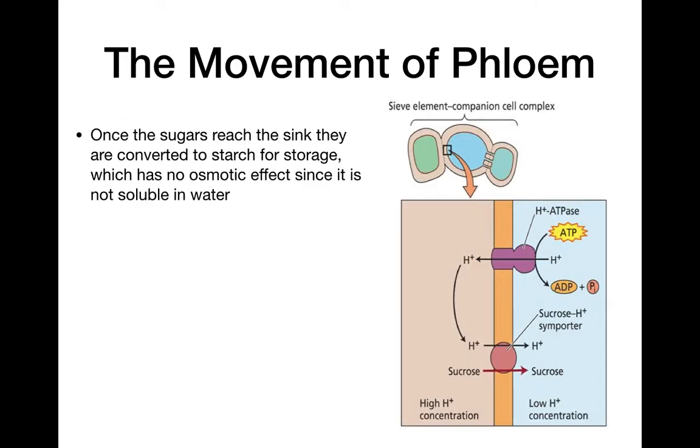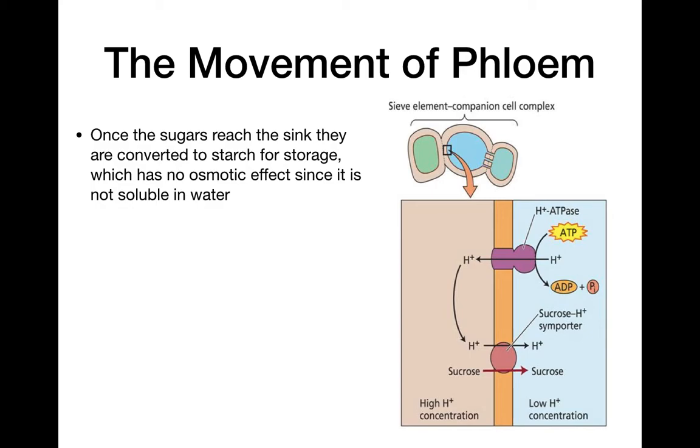When sugars eventually reach the sink, whether that is a root, a tuber, a meristem, a flower, a fruit, whatever it happens to be, they're going to be converted into starch. It's a really important idea because, if you think about topic 2, starch has a very different structure than sugars. The big thing is it has no osmotic effect because it's nonpolar.